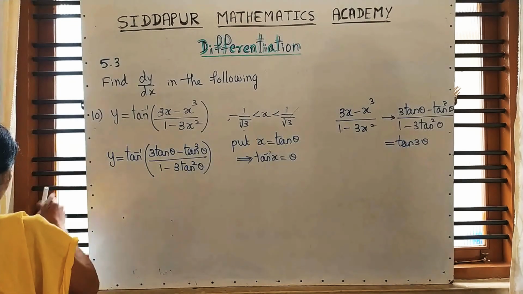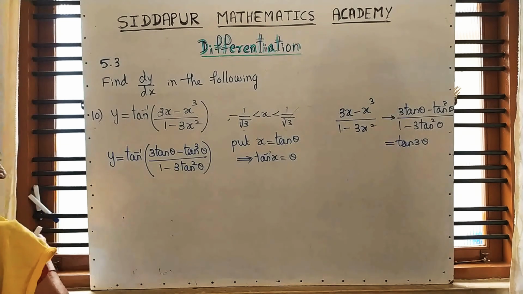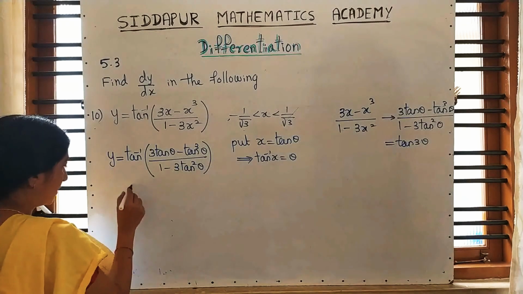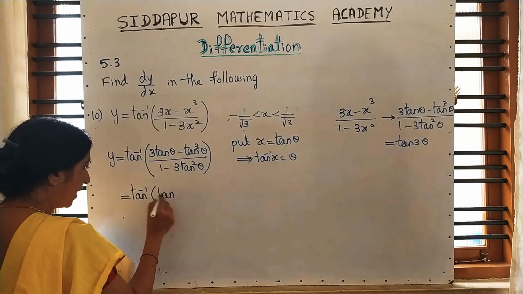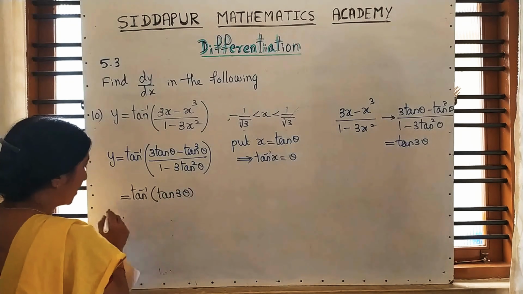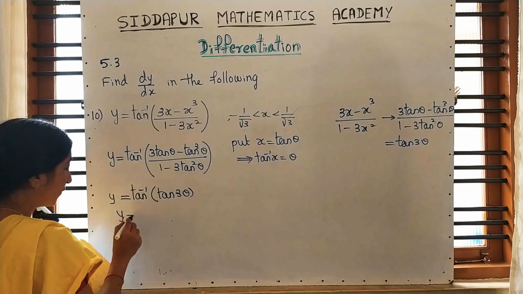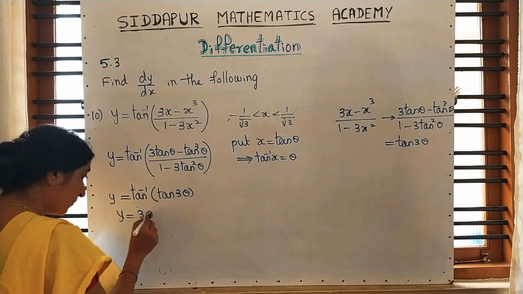Correct or what? Then tan inverse as it is, this bracket will be tan 3 theta. What is tan inverse of tan 3 theta? That is nothing but 3 theta.